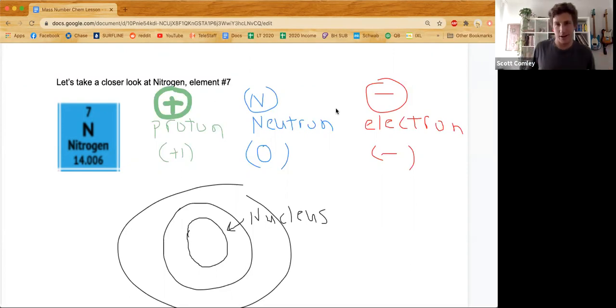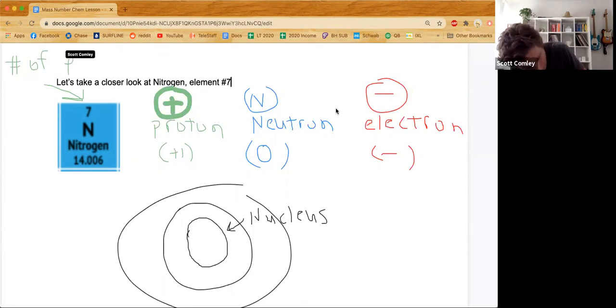If you're going to pay attention to anything in this video, this is the most important part. The number of the element is the number of protons. So in this central part, I'm going to put 7 protons. That'll make it nitrogen. So 1, 2, 3, 4, 5, 6, 7.